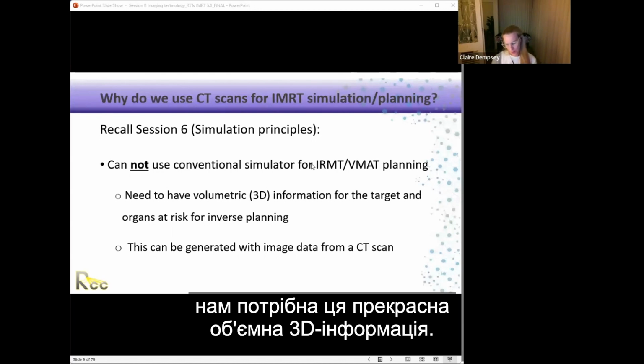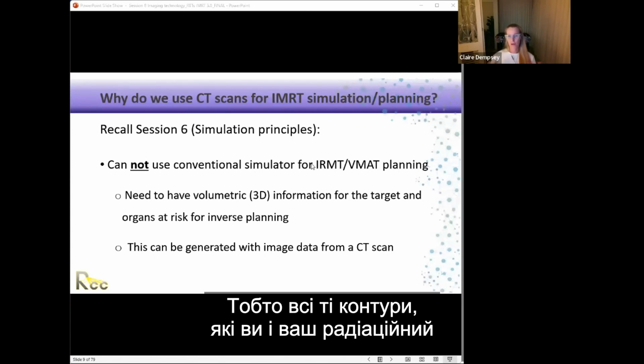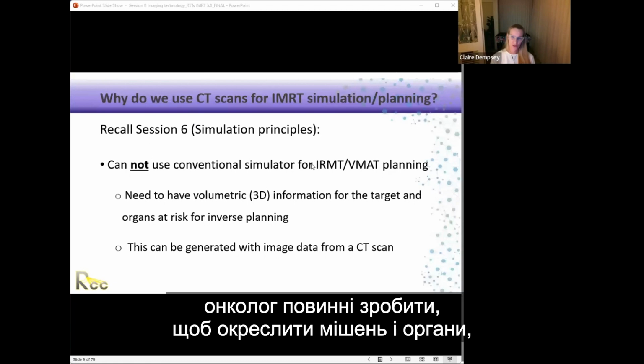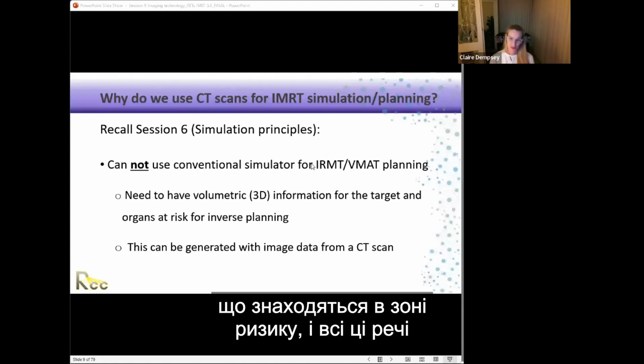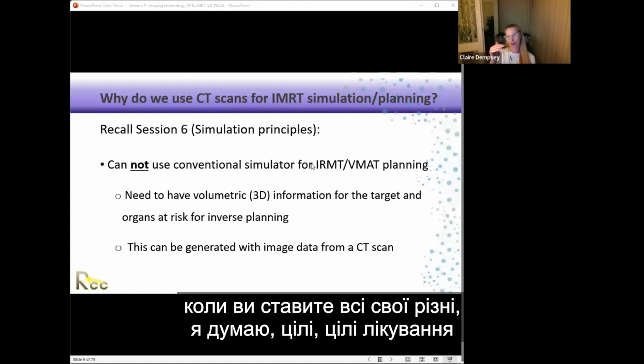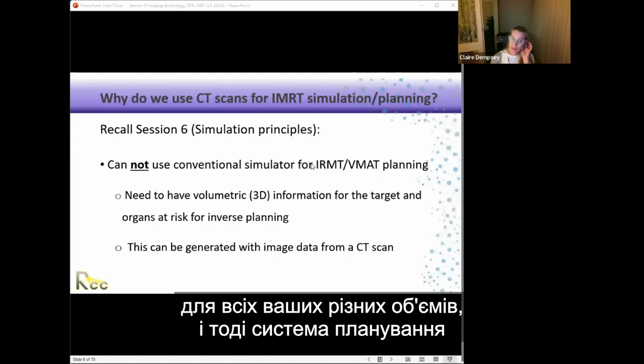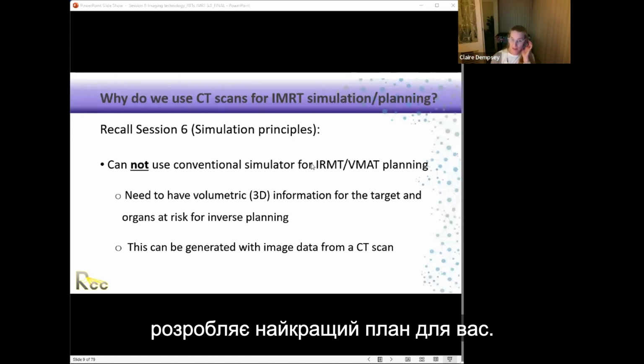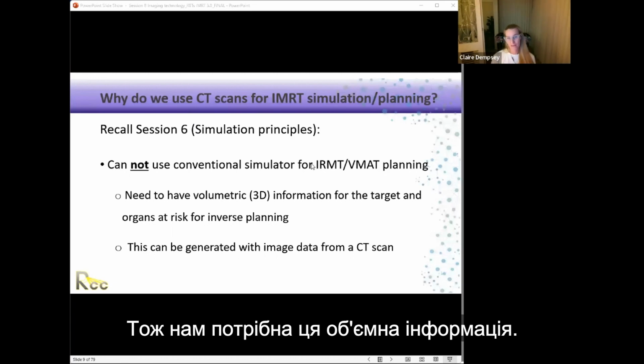If you remember, when we do IMRT and VMAT planning, we need to have that beautiful 3D volumetric information. So all those contours that yourselves and your radiation oncologist have to do to contour the target and the organs at risk and all those kind of things for our inverse planning, which is, as you recall, when you put all your treatment goals for all your different volumes, and then the planning system works out the best plan for you. So we need to have that volumetric information.